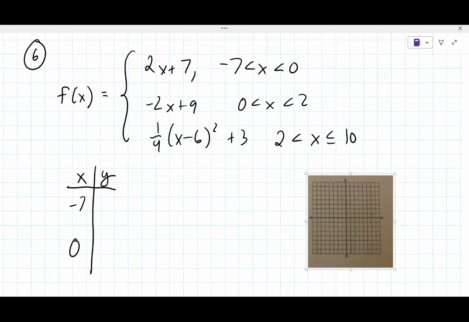Let's look back at the previous problem. That's going to be the open circle. Yes, they're both open.